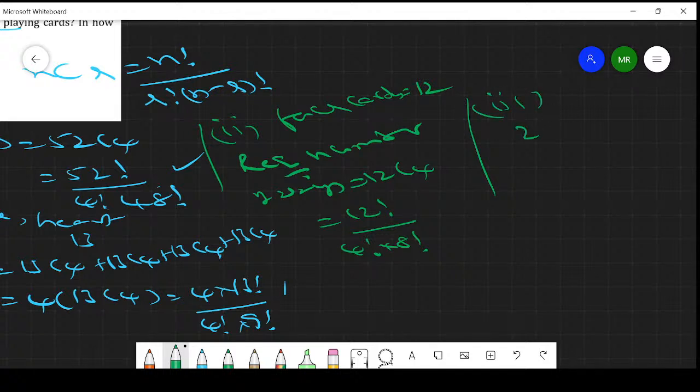We have total red cards, you know that half of them will be red and half black. So we will get 26 and 26. 26 red cards, 26 black cards. So here required number of ways.